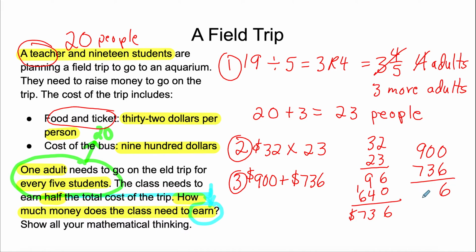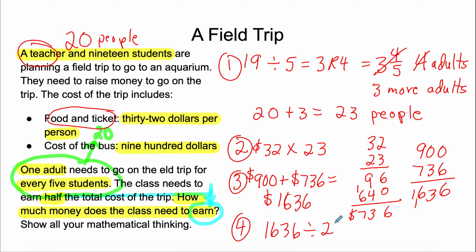So the total cost is $1,636. That's the total cost. But they only need to raise half of the money. So my last step I need to do is I need to divide my 1,636 by 2.